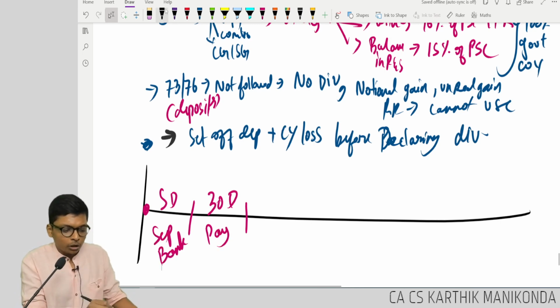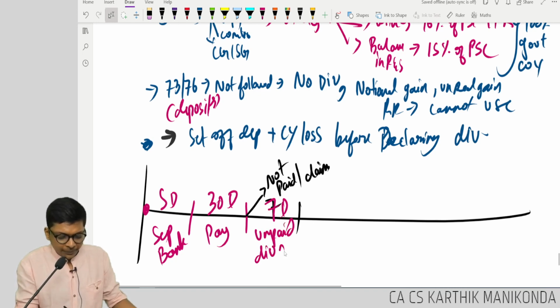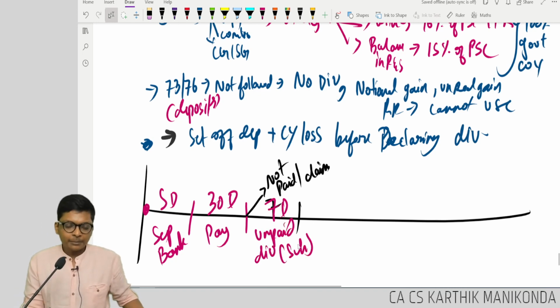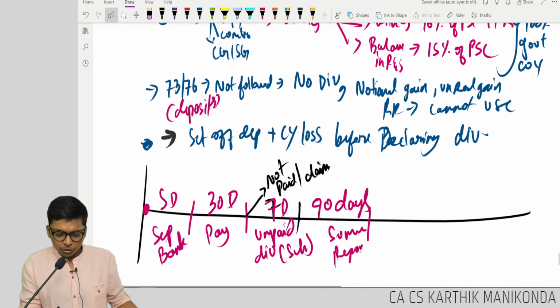If it is not paid or not claimed, then within the next 7 days you will transfer to the unpaid account, which is a scheduled bank. Then money will remain in this account for 7 years, but before that you have to prepare a 90 days summary report.